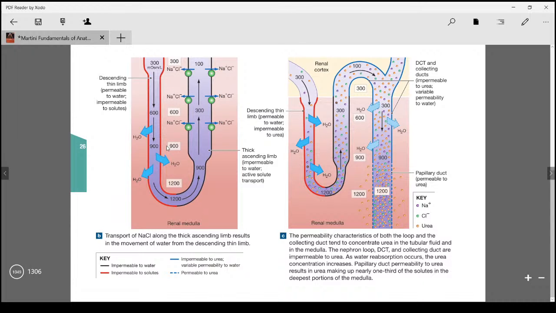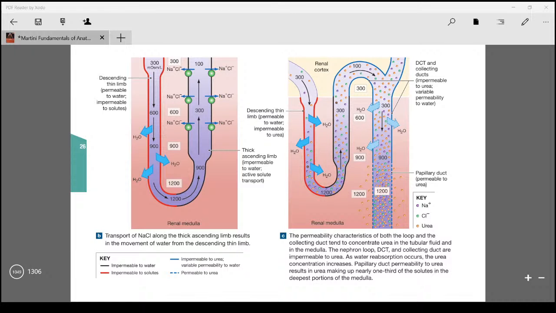Now look at this as a perspective. Now when you have looked till now, what will happen is, as a result, the solute concentration of the tubular fluid in the descending limb will increase. It will increase because water is coming out.